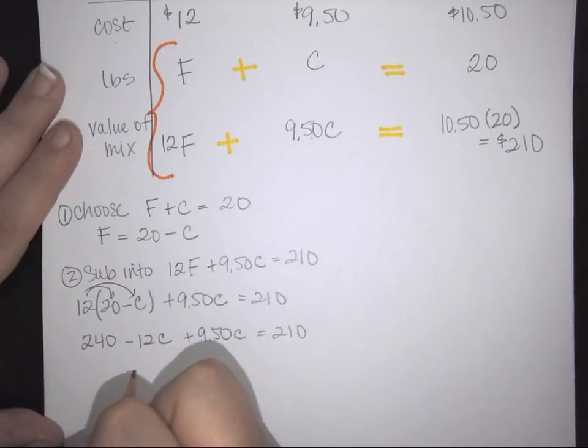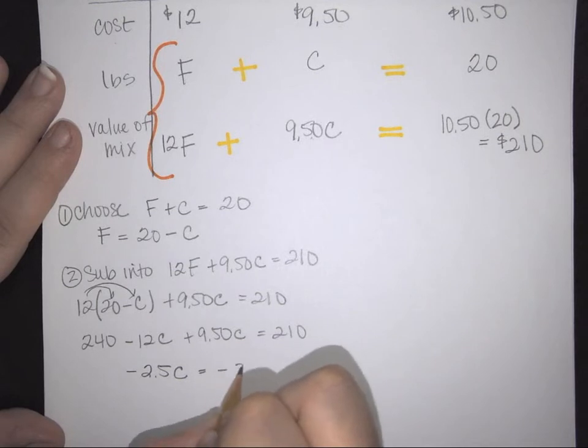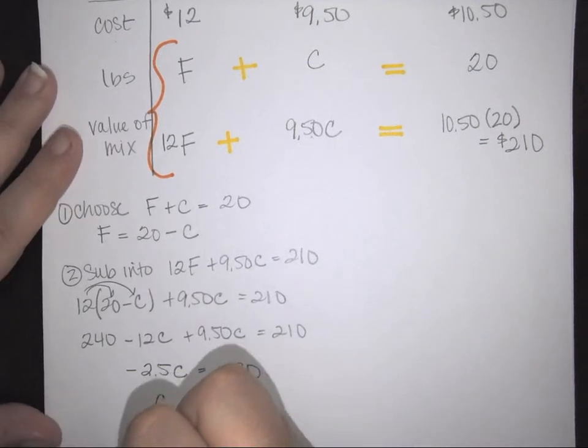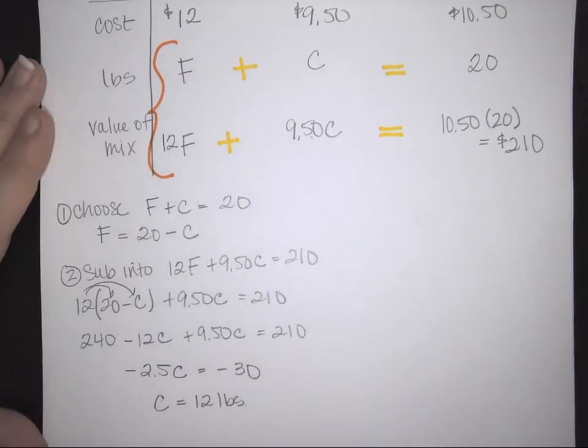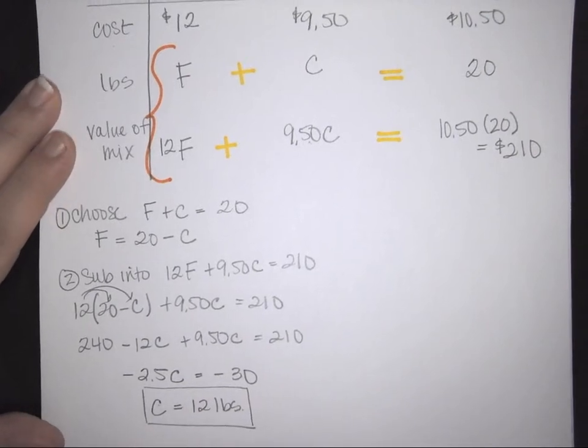So we're going to have negative 2.5C is equal to negative 30. So we're going to take that negative 30 and divide it by negative 2.5. So we get that C is equal to 12 pounds. And this is your first solution.